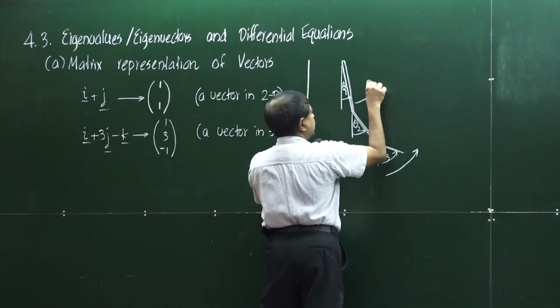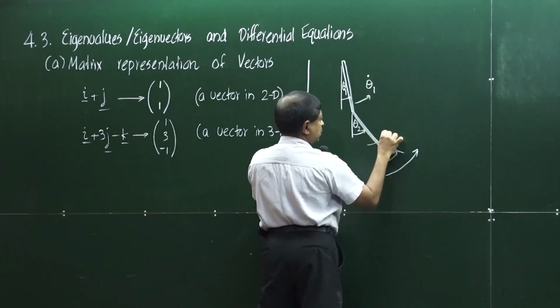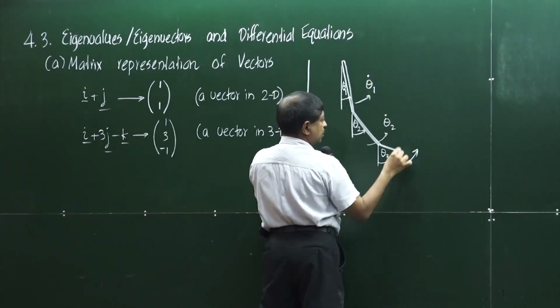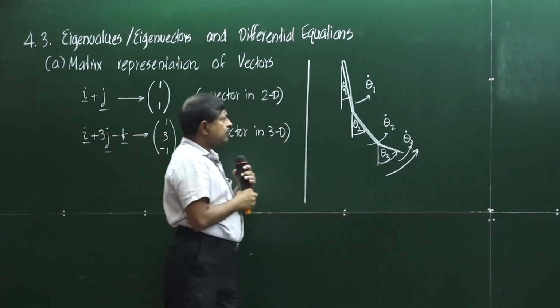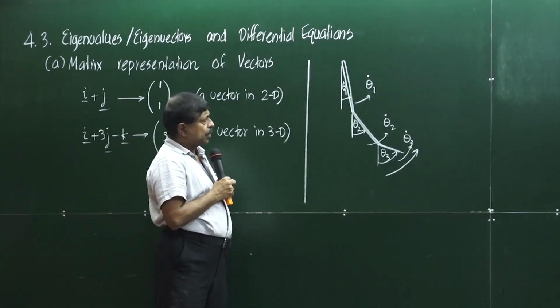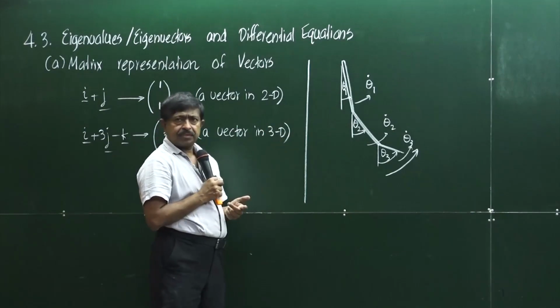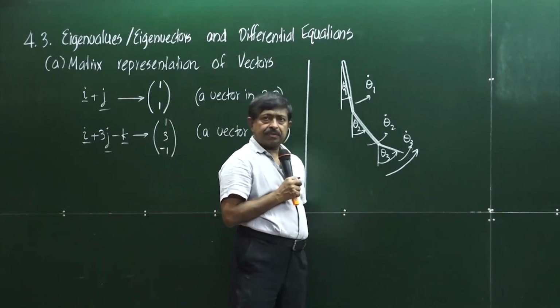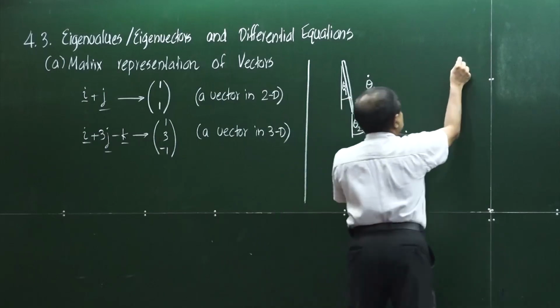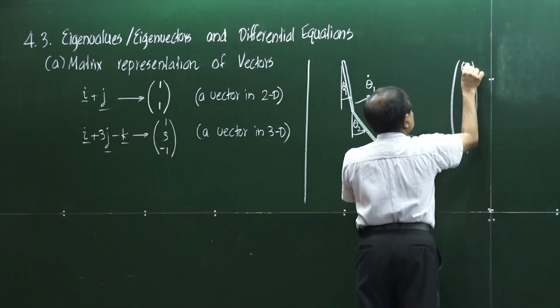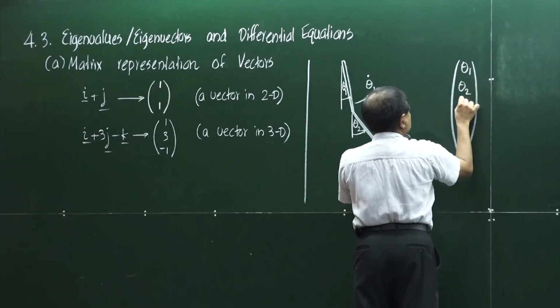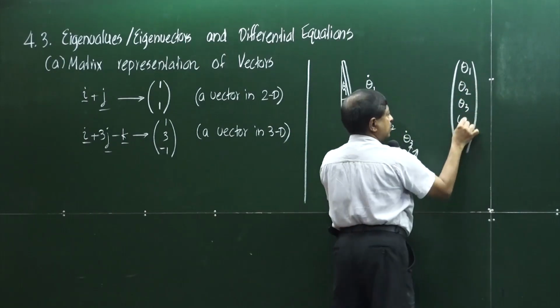This motion will give you theta 1 dot, theta 2 dot, theta 3 dot. So now there are 6 parameters. How do you explain this? You can arrange a vector like this.